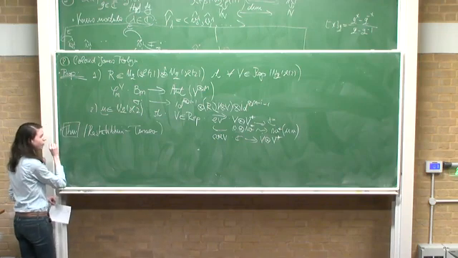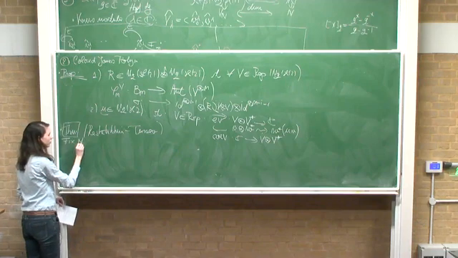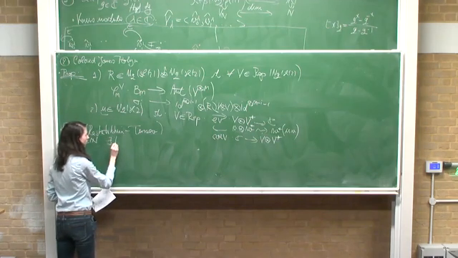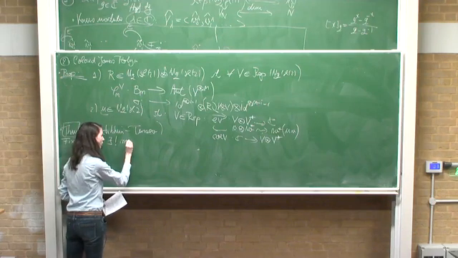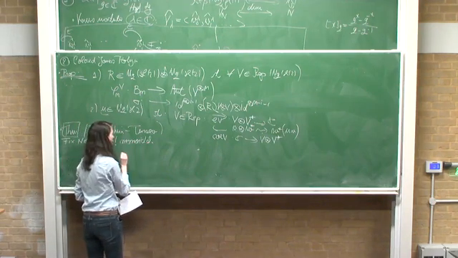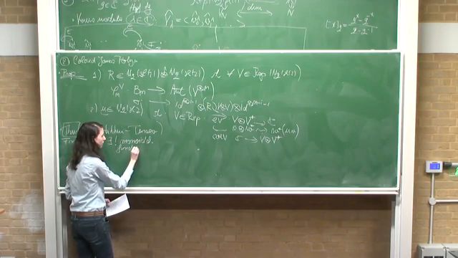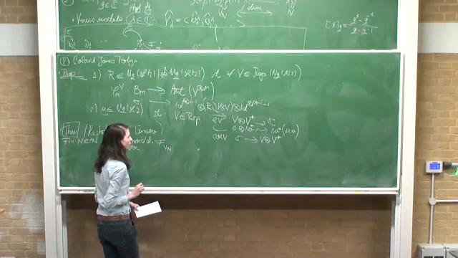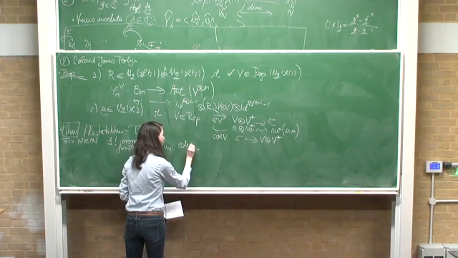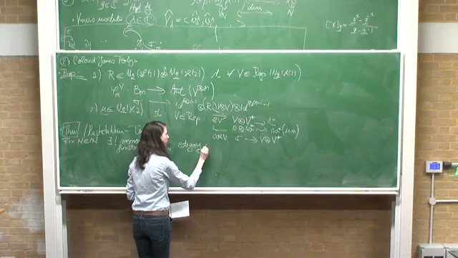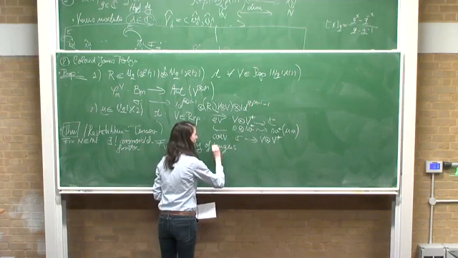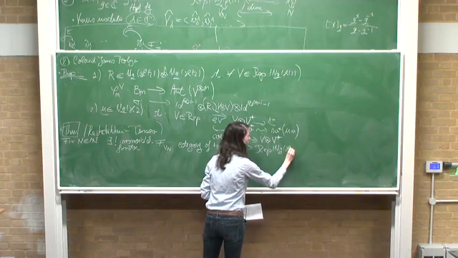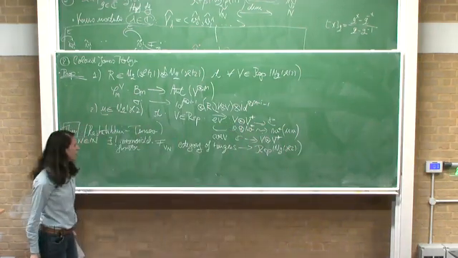So if we fix n, there exists a unique functor, F_n, defined on the category of tangles with values in representations.